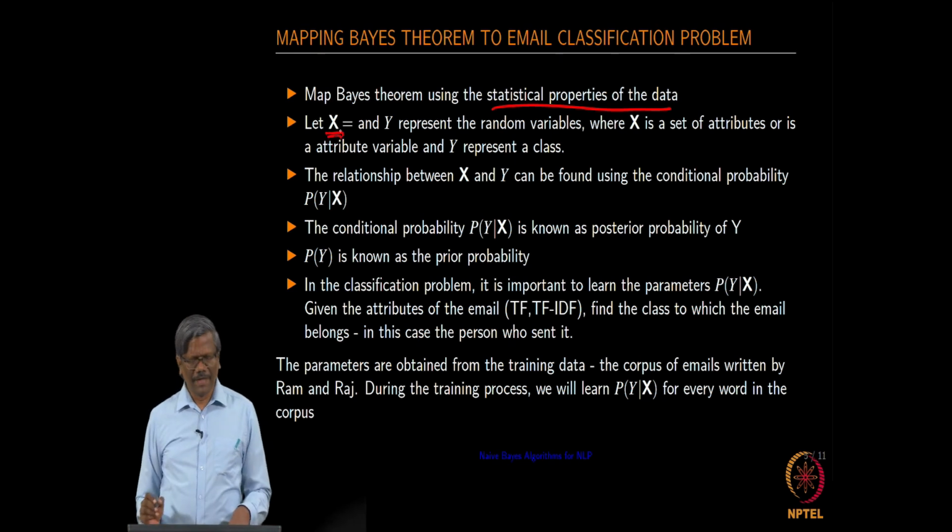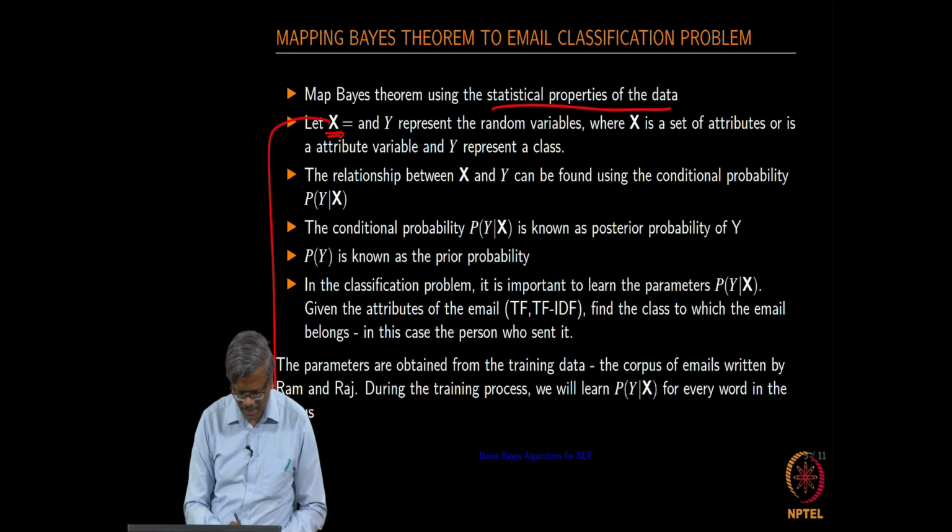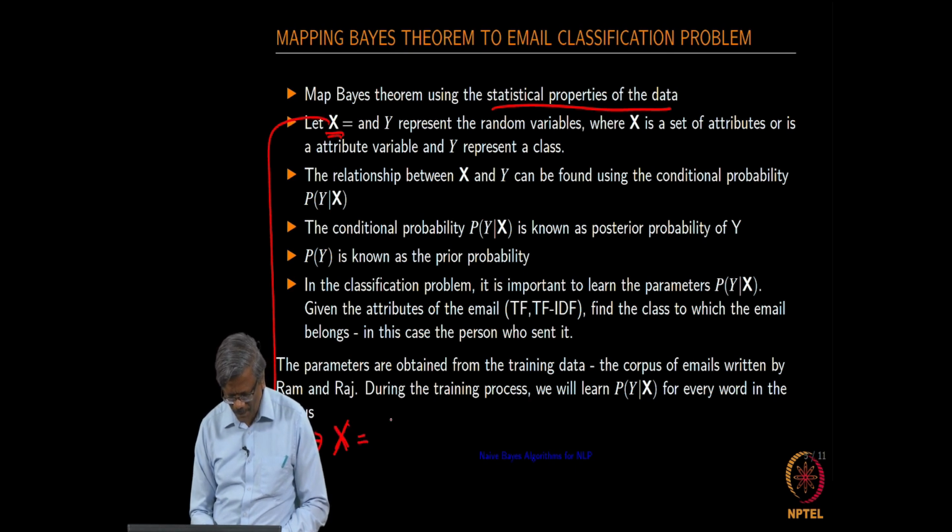So, let x be a variable that contains parameters x1, I am sorry, I somehow missed that part. So, I am going to be writing it here: x, that is capital X, is a set of variables.